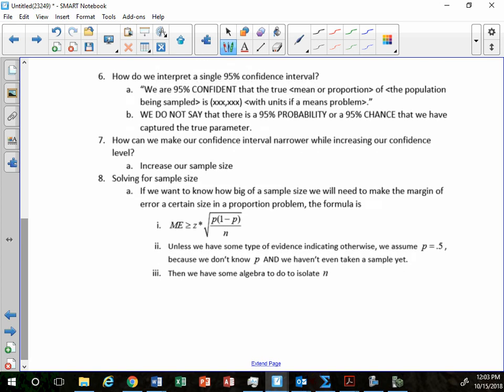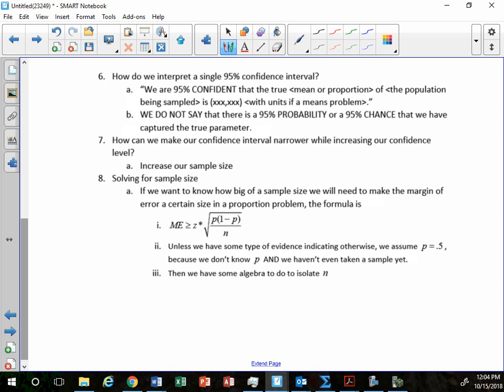We are 95% confident. Not that there's a 95% chance, anything like that. We are 95% confident that the true proportion of, talking about our red M&Ms here, is, and then you give your interval, and then whatever unit we're talking about. That's what you create with that plus or minus the margin of error.